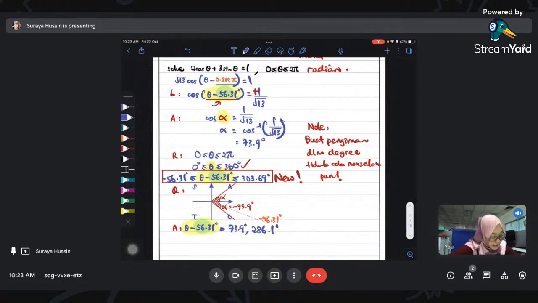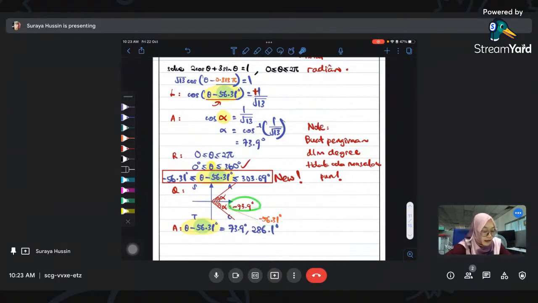Ada lagi tak yang saya boleh cari? Can I go down? Can I take negative 73.9? Can I take it? Tak boleh lah sebab limit saya adalah negatif 56.31. So tak cukup lah untuk saya ambil angle yang di bawahnya.